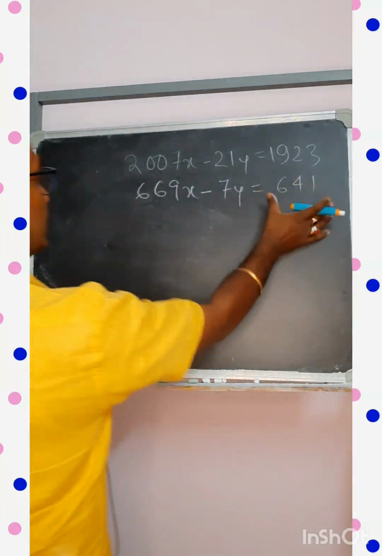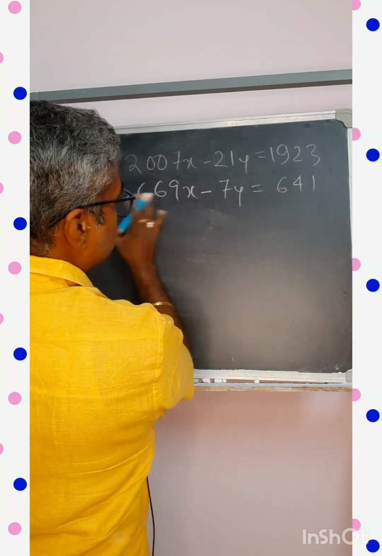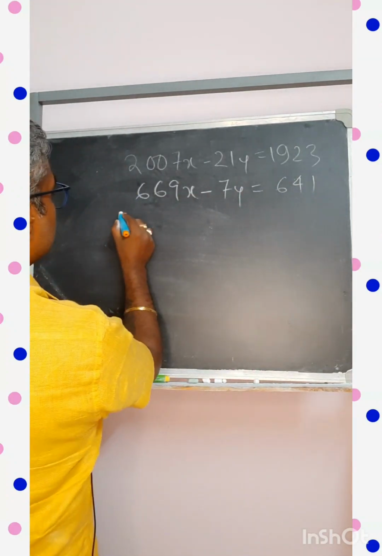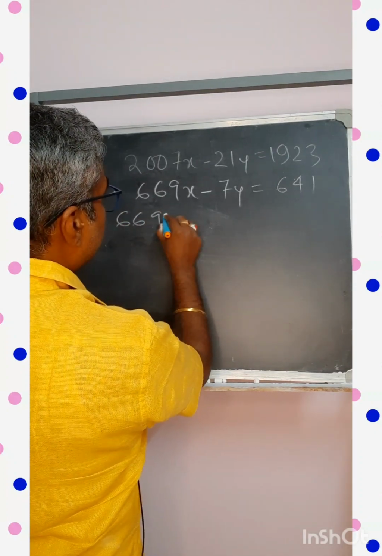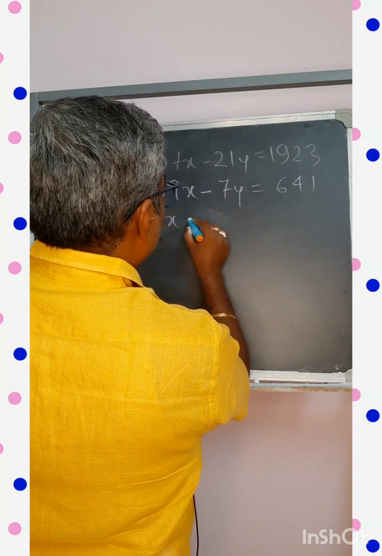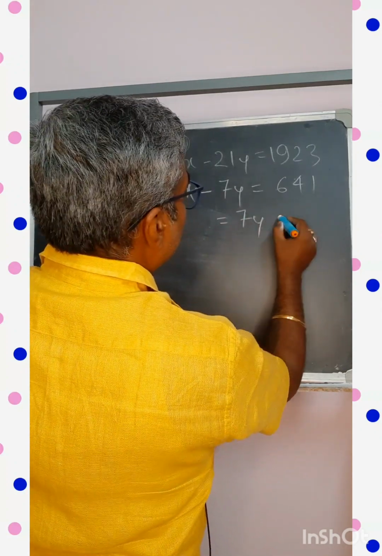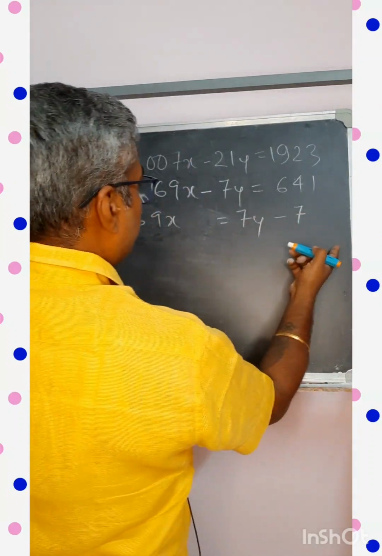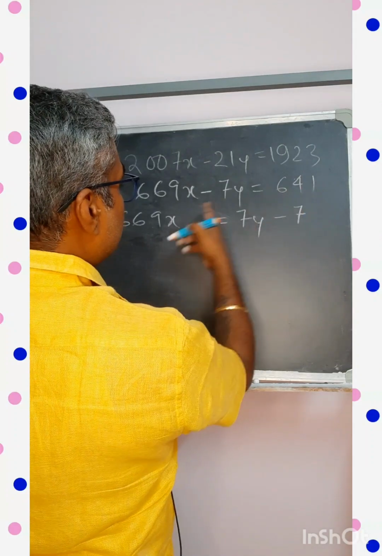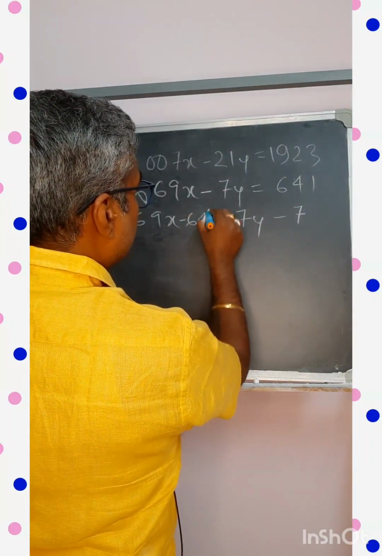This will be the final outcome. Now I want to arrange it in such a way that x will be on one side and y on the other side.